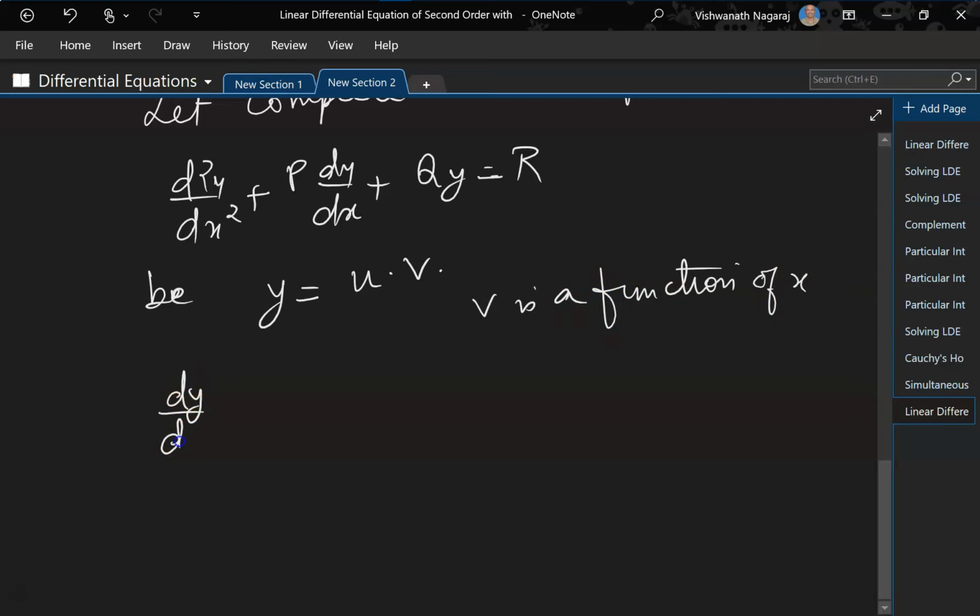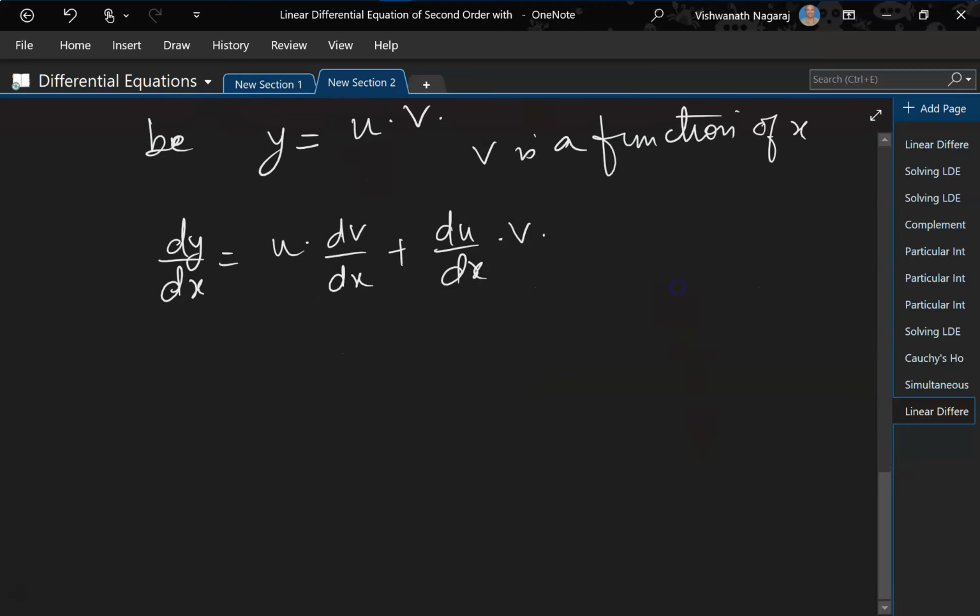Now let's differentiate this. We get dy by dx is equal to, product rule we apply, u as it is dv by dx plus du by dx times v as it is. Now let's differentiate it once more. We get d square y by dx square is equal to, now we have to apply the product rule for each of these terms.